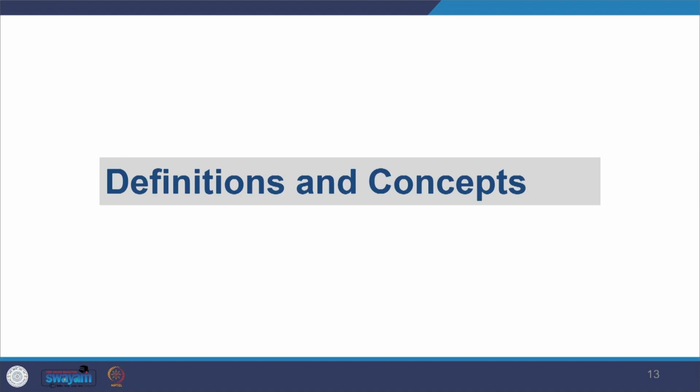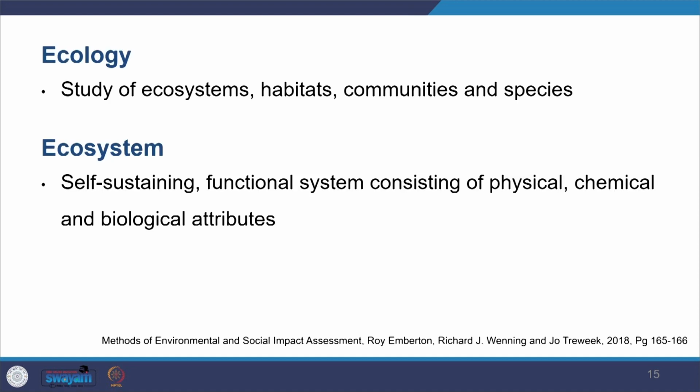Now looking at the definitions and concepts, ecology is the study of ecosystems, habitats, communities and species, and it is very important to understand what these are and how they are interrelated: how the species are interrelated, how the habitat works, how the ecosystem works.